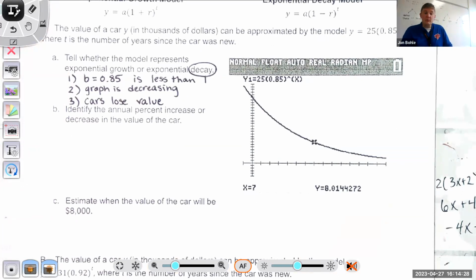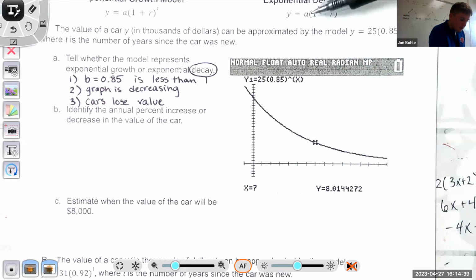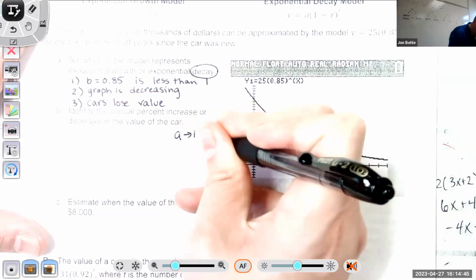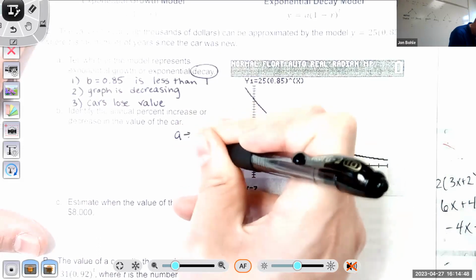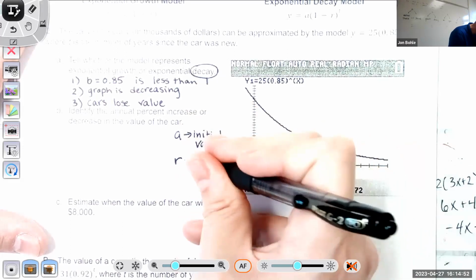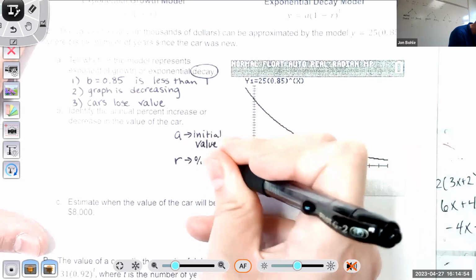So now that we know it's decay, we want to find the annual percent increase or decrease of the car. So what does this mean? Well, it probably helps to know what a, r, and t represent. We know a in this situation is going to be the initial value. r is going to be the percent increase or decrease.